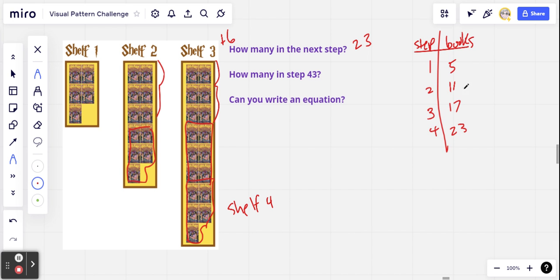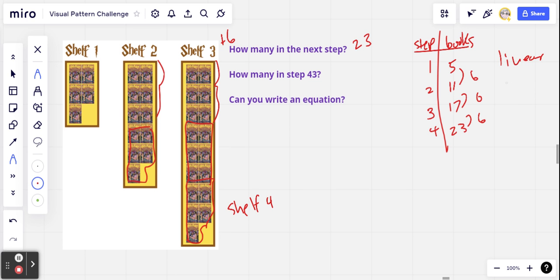Then we can take the difference between each step to see how much it's changing by. So 11 minus 5 is 6, 17 minus 11 is 6, and 23 minus 17 is 6. That probably didn't come as a surprise to you. You saw that we were adding 6 each time, so 6 is the rate of change, or the difference between each step. When you get a constant, the same number, in the differences, that means this is a linear pattern.